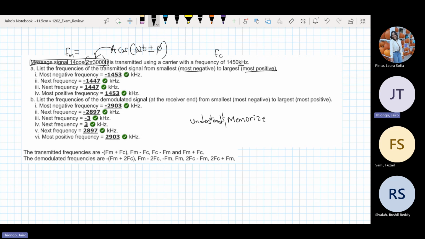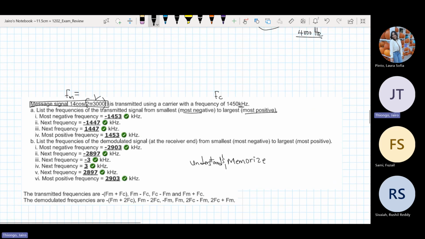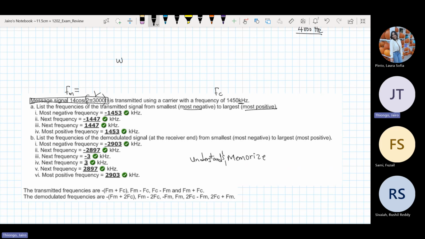For this one, we need to find the frequency, and this is usually in radians per second. We need to find it in hertz. So what's the formula for that? Okay, so you have omega equals 2 pi 3000.